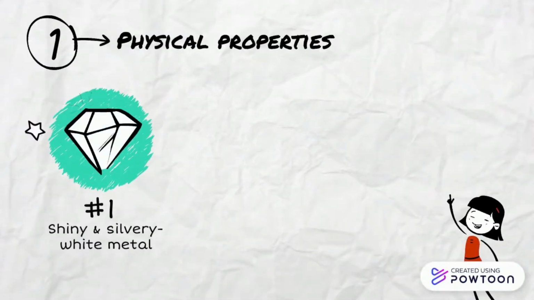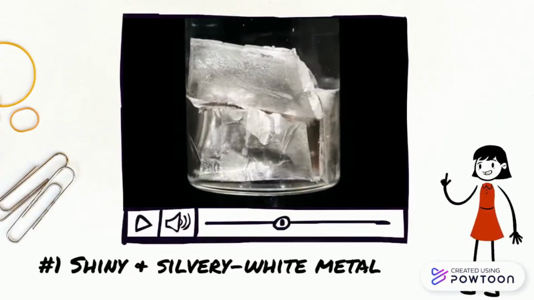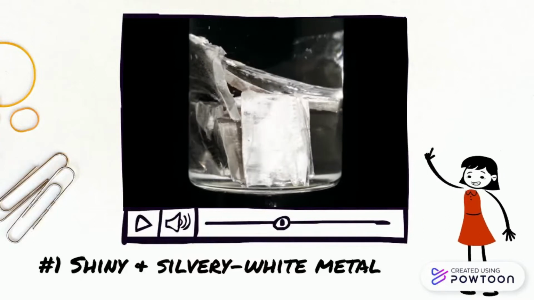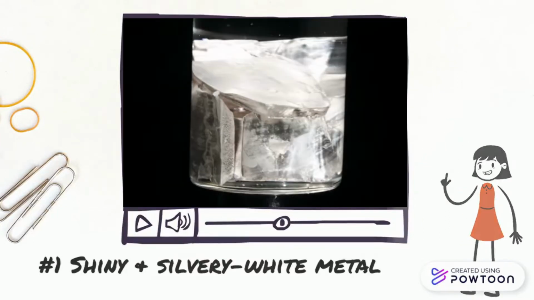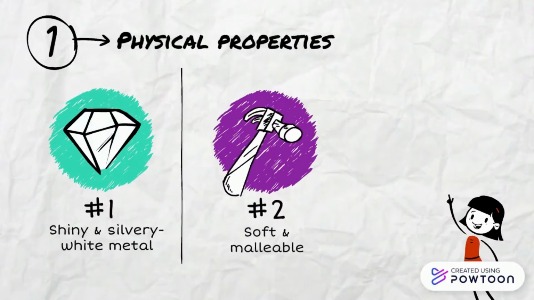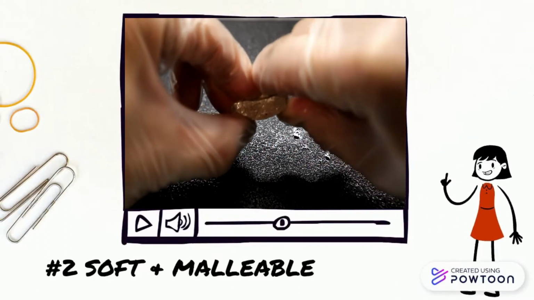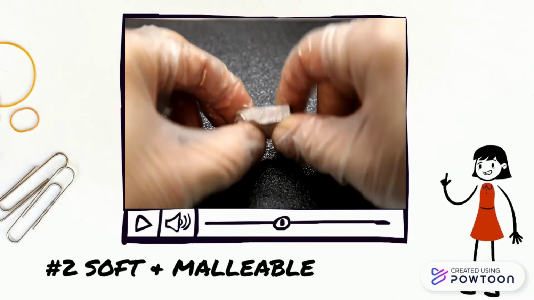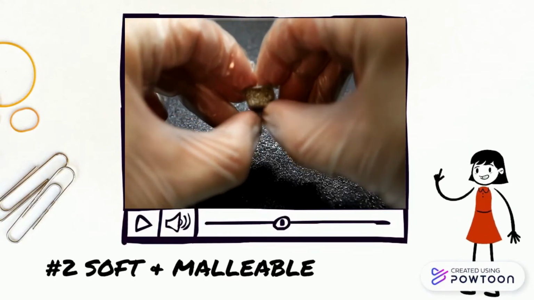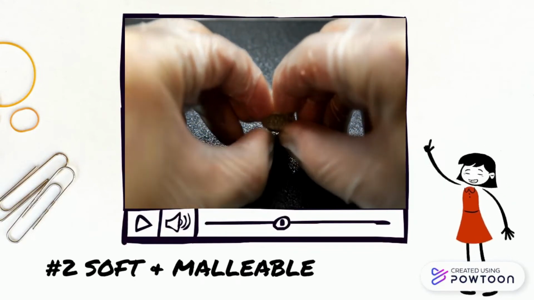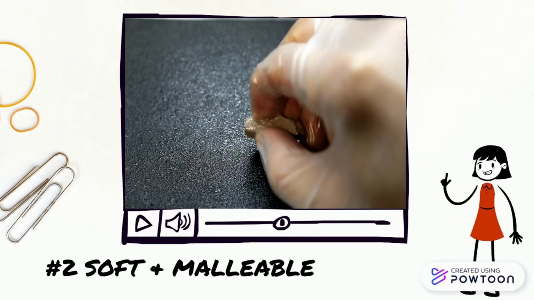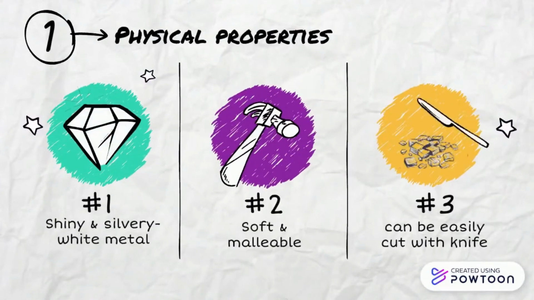Sodium is a shiny and silvery white metal with a waxy appearance. Sodium is also a soft metal which is malleable. Sodium can also be easily cut with a knife.